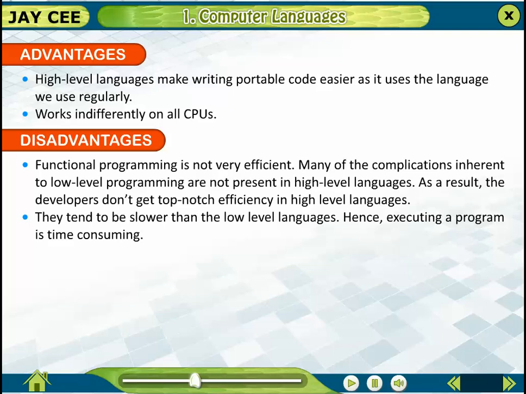Many of the complications inherent to low-level programming are not present in high-level languages. As a result, the developers don't get top-notch efficiency in high-level languages. They tend to be slower than the low-level languages. Hence, executing a program is time-consuming.